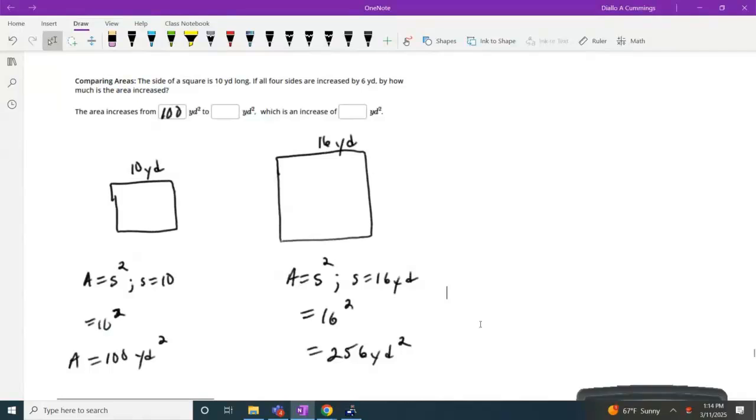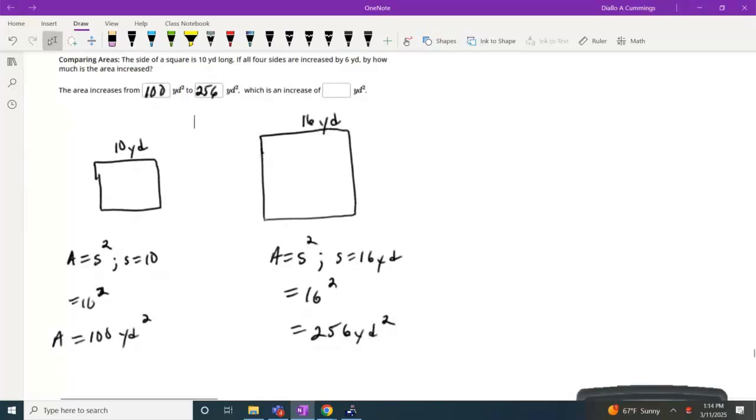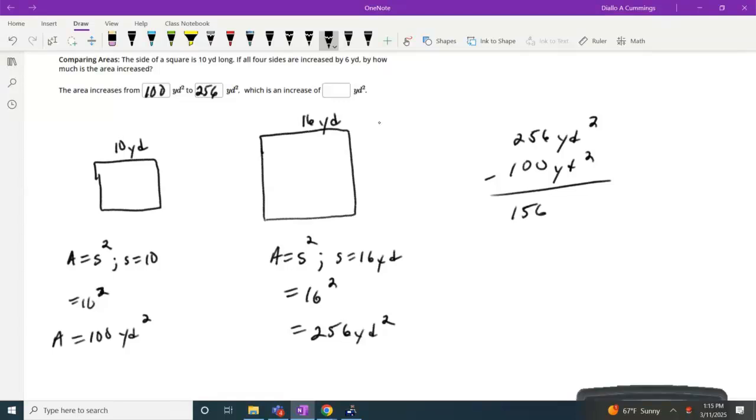All right, so the last part of the problem, so this is 256 square yards, and it says which is an increase of blank square yards. So I'm simply going to take 256 square yards. I'm going to subtract 100 square yards.